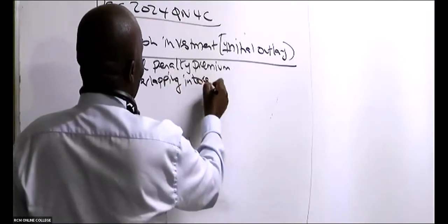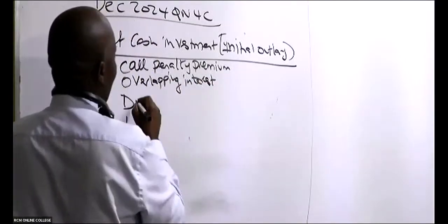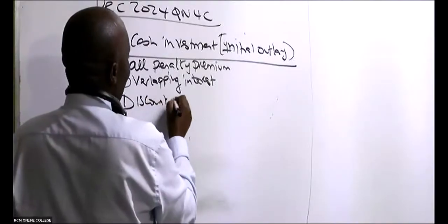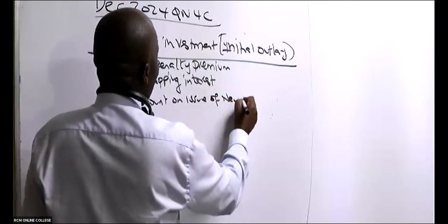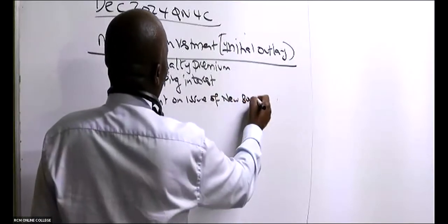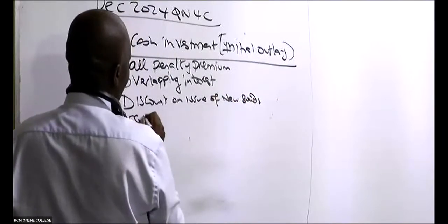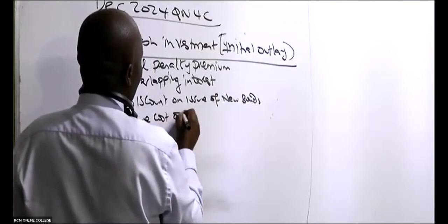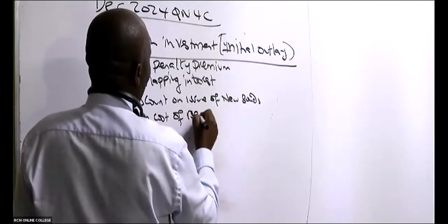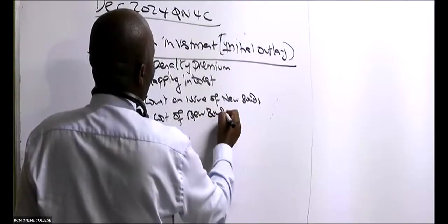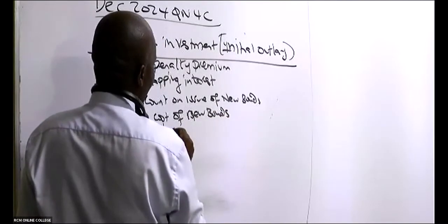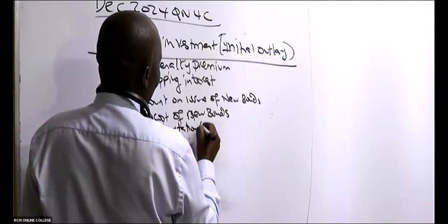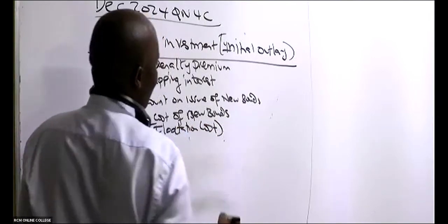We have discount on issue of new bonds. So we have the issue costs of new bonds. These are also known as what here? Flotation cost.